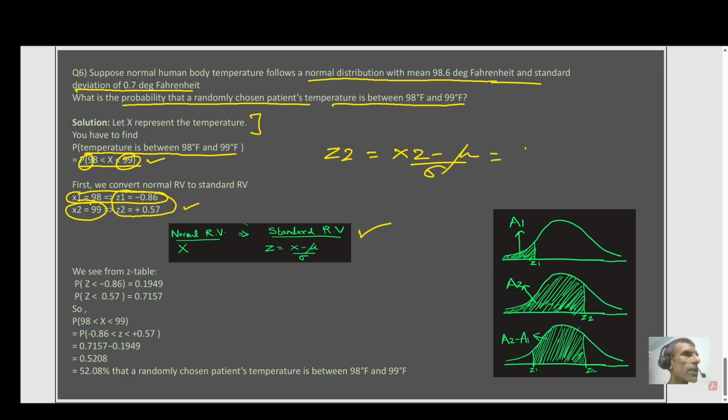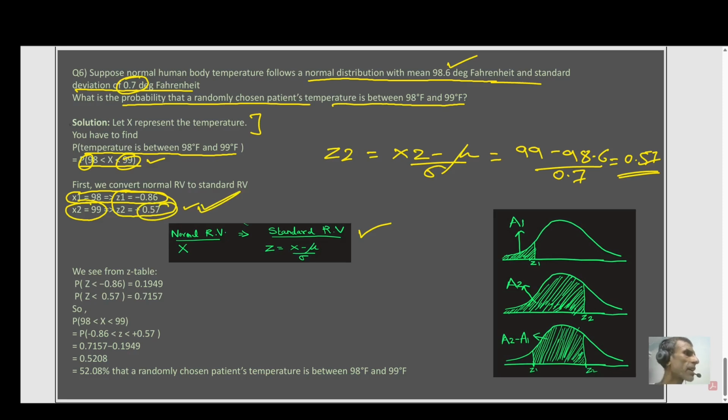My x2 in this case is 99 minus mu. Mu is your mean value, which you can see right there, 98.6, divided by your standard deviation, 0.7. You solve this, and the answer would be 0.57. This is how you come up with this value.